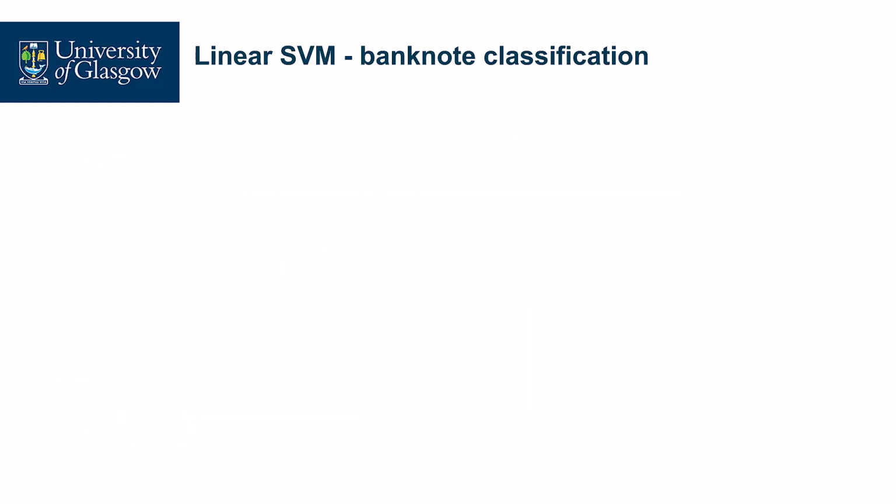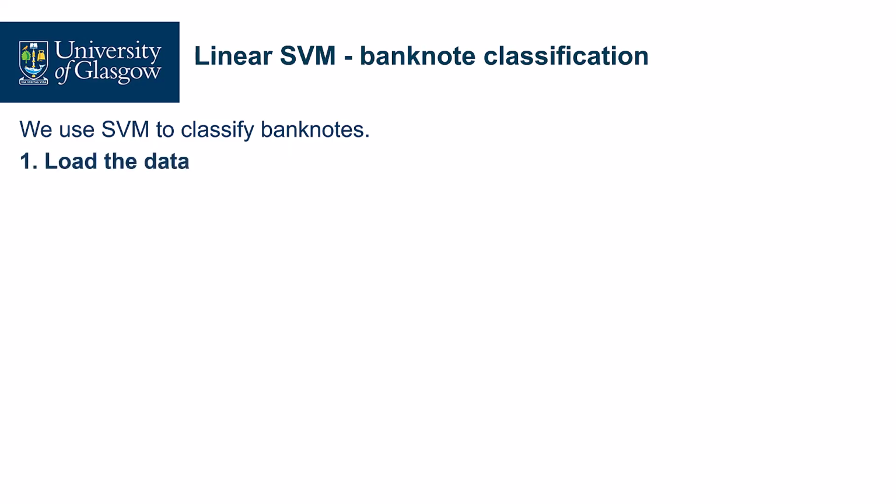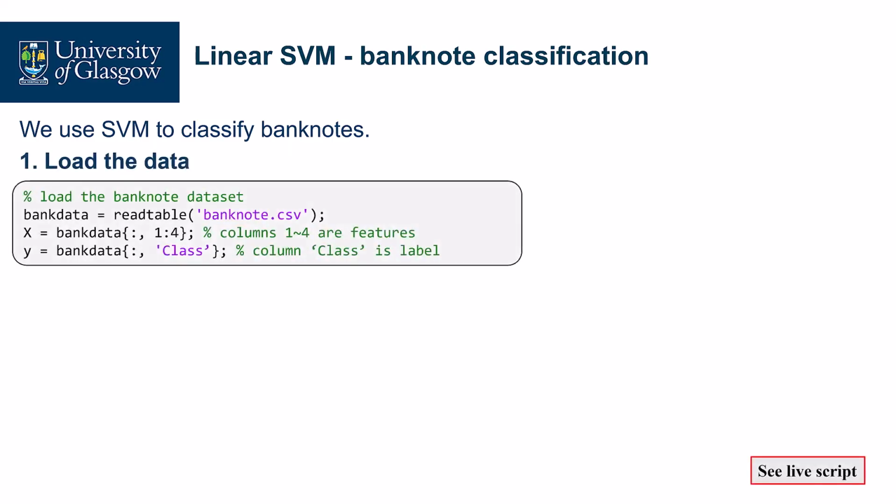Let's see how to do that. We first load the data. This data is a CSV file. We have covered this in the first course of this specialization, the MATLAB part. We know how to read a CSV file, put it into a table, and extract data from the table.